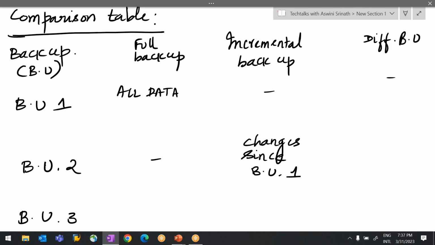So any change that has happened from 1 to 2 you consider as part of incremental backup. Same here as well, changes since backup 1. So that is the differential and incremental backup here.